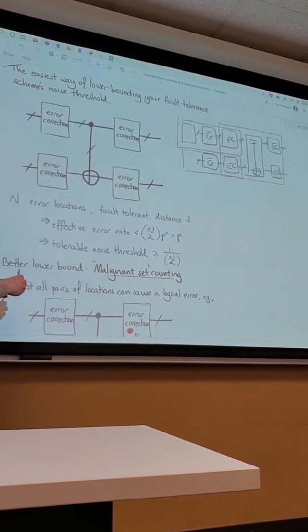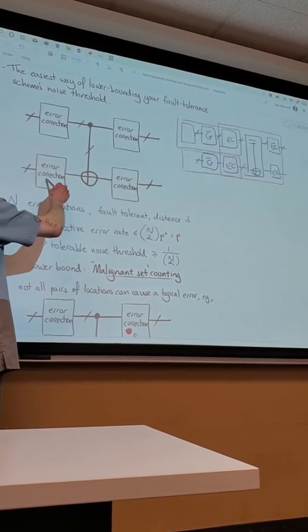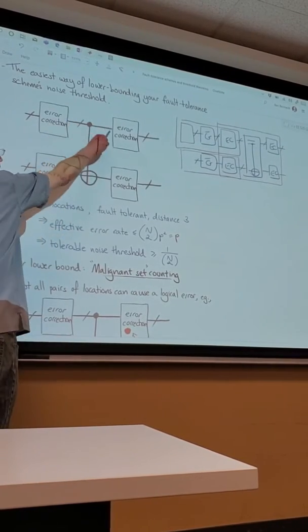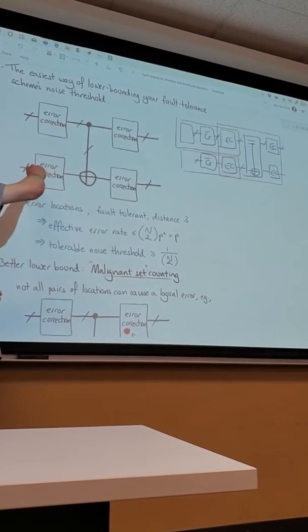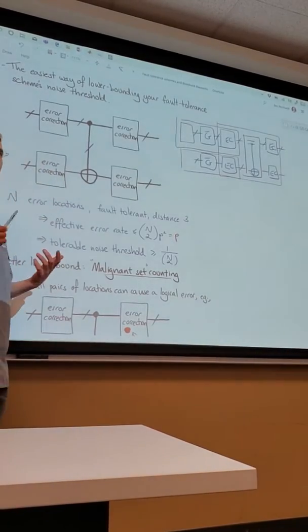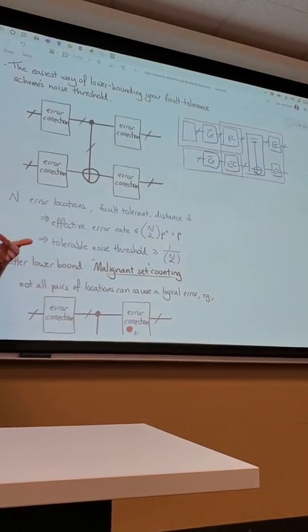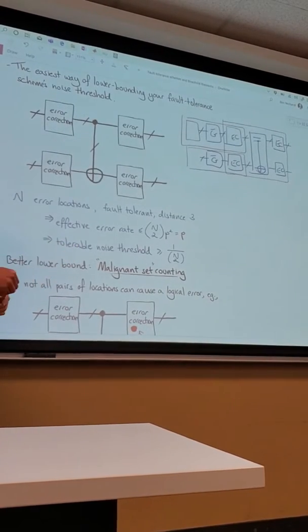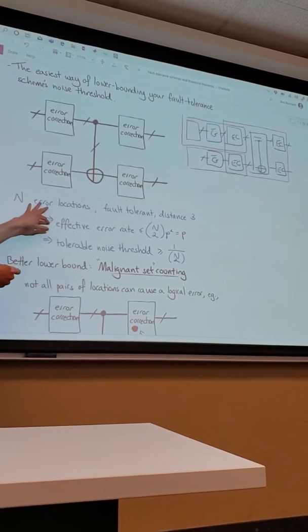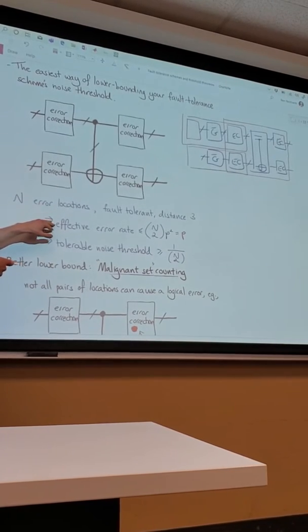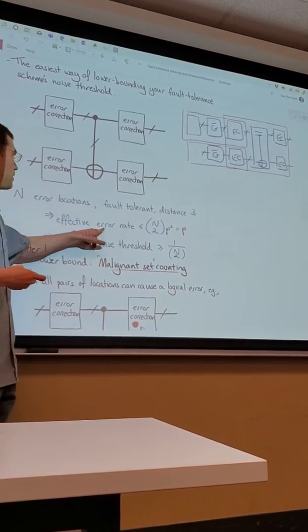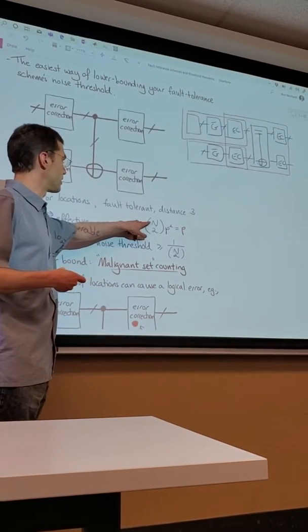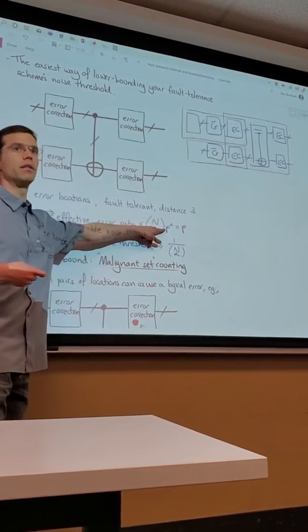Okay, so one thing that they proved, which is maybe less interesting, if you just count the number of locations, location meaning place where a fault can occur, like a gate or a resting qubit, whatever, call that n. And if you have a distance 3 code, then the effective error rate is going to be at most n choose 2 times p squared.